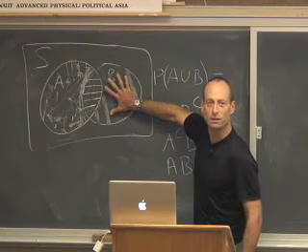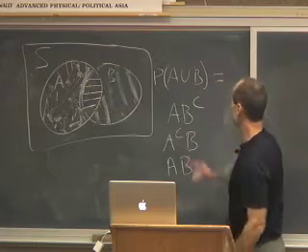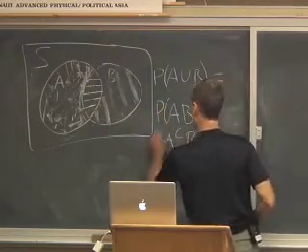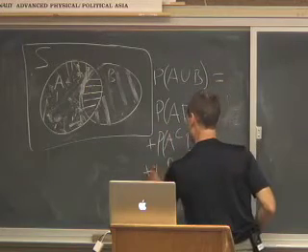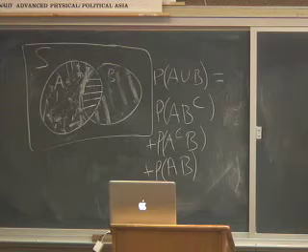They don't overlap. So the probability of A union B is the probability of this plus the probability of this plus the probability of this. So far, so good? Okay.